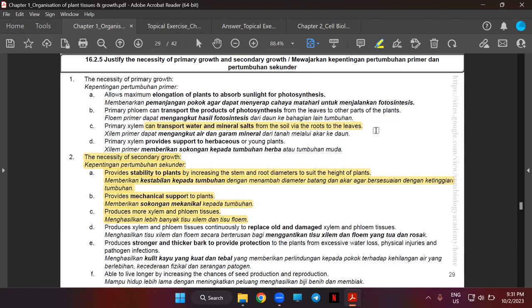You write that. Secondary xylem can transport water and mineral salt from the soil via the root to the leaf. Okay, 1 mark already.